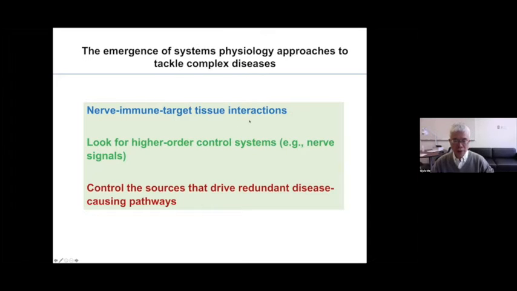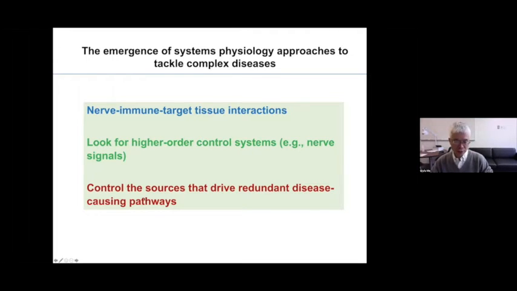So from those interactions, people start to look for some kind of higher-order control system, like a nerve signal, which, for example in terms of inflammation modulation, doesn't deal with just one cytokine. Those high-order control systems may dampen immune system activity to control a larger number of pro-inflammatory molecules.